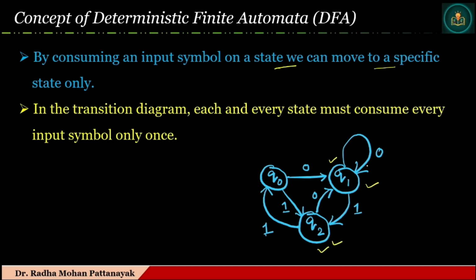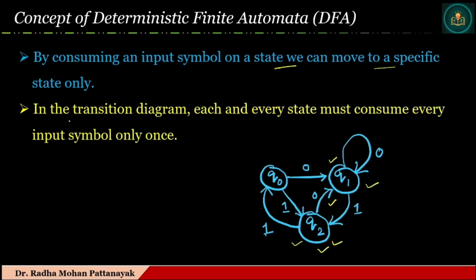Means it is taking 0 to stay on the same state and taking 1 it is moving to Q2, right? Then coming to Q2, it takes 0 to move to Q1 and takes 1 as input to move to Q0. I hope you understood.